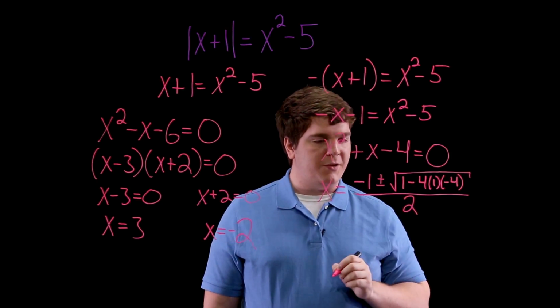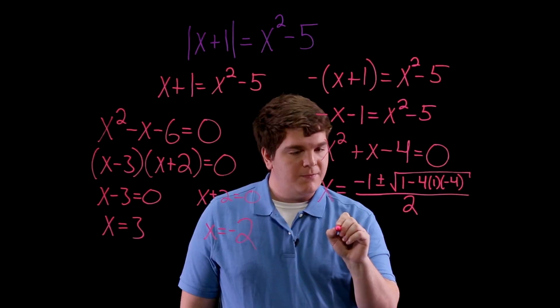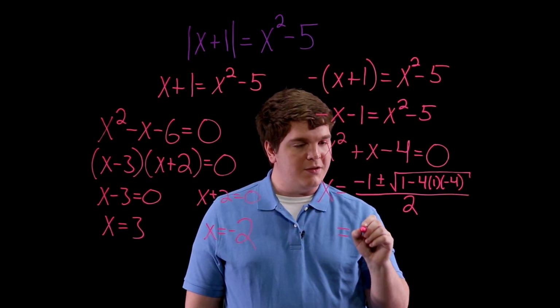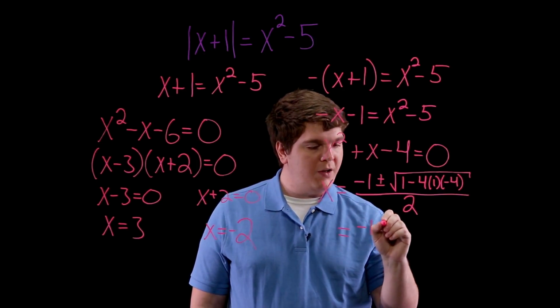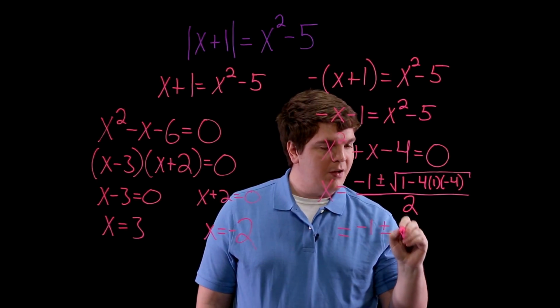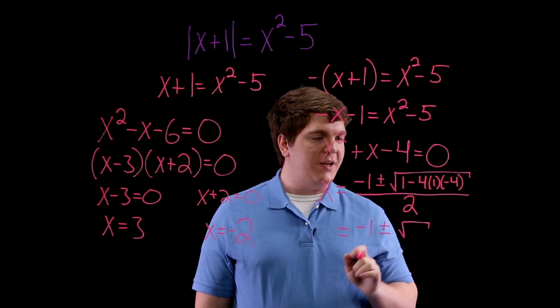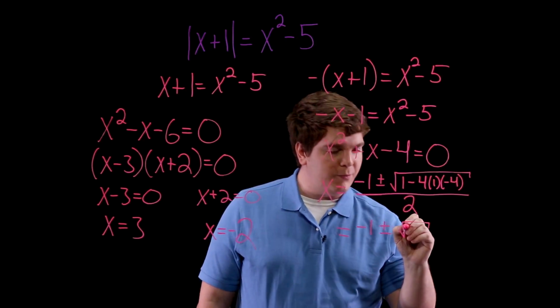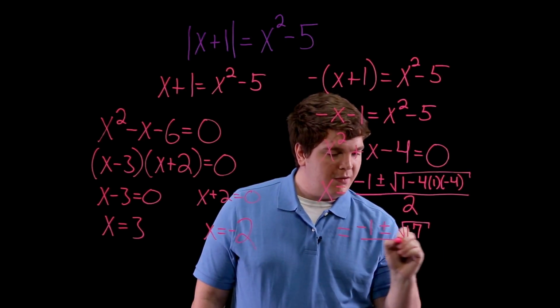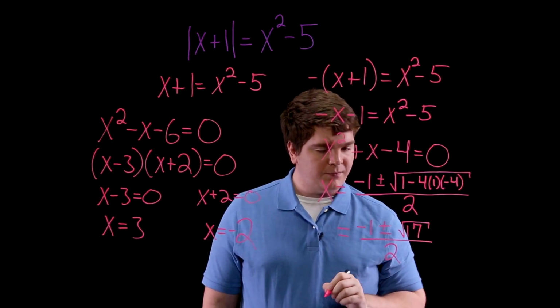So we're dividing by 2. So we find our other two solutions are x is equal to negative 1 plus or minus the square root of 1 minus 4 times 1 times negative 4, or 1 plus 16, which is 17, all divided by 2.